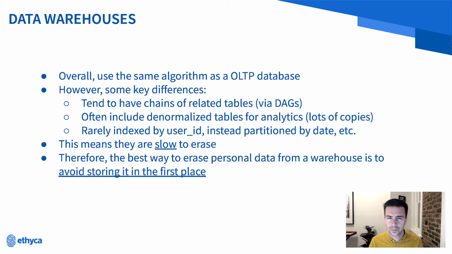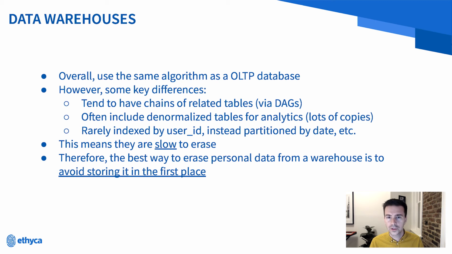Data warehouses are basically the same thing that we just did, but they do have some key differences. Warehouses tend to have long chains of related tables, many of which are often denormalized, which makes them easier to ingest in analytics software and visualizations. So because of this, you'll often be left with lots of copies of personal data instead of just tables that are linked by foreign keys.